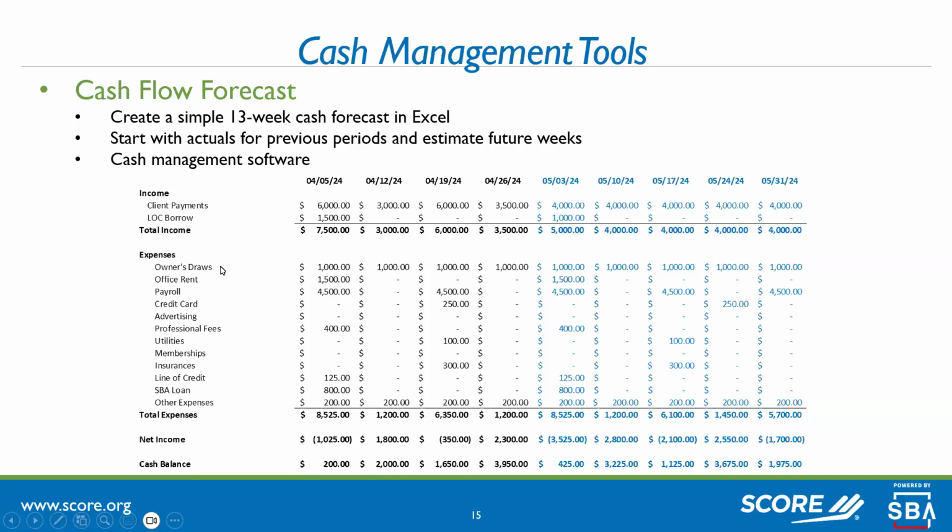These are expenses that are typical for businesses, depending on the type of business that you have. You probably have payroll. You either take owner's draws or you have a salary for yourself that maybe is included in payroll. You may have rent, probably have a credit card that you pay on. You probably have advertising expenses, professional fees, utilities if you are renting or own a building.